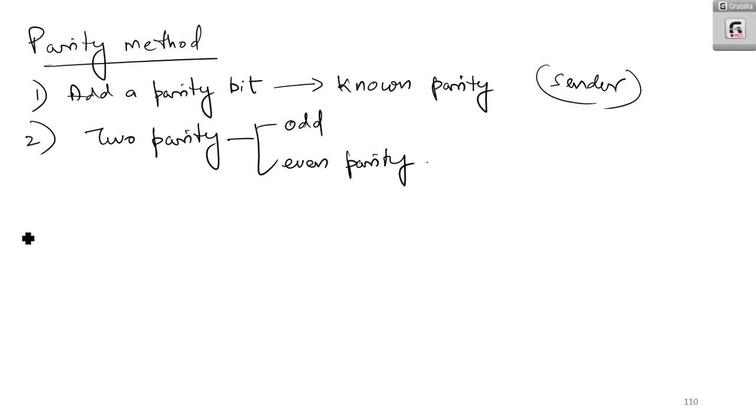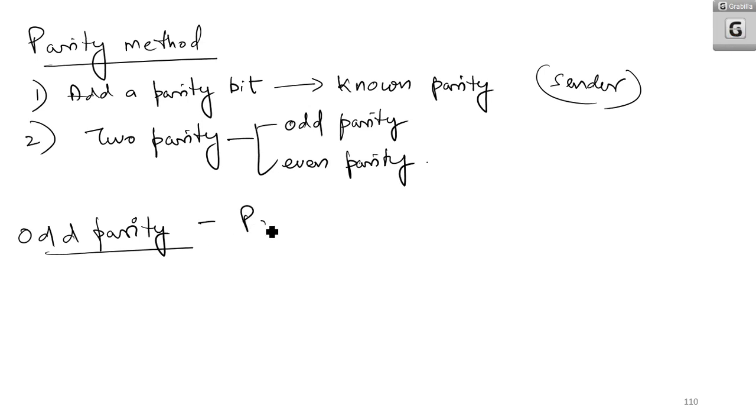Now for odd parity, the parity bit is set to 1 or 0.